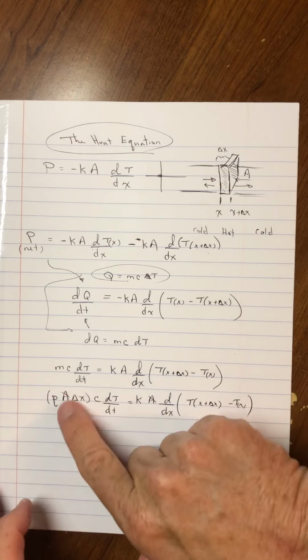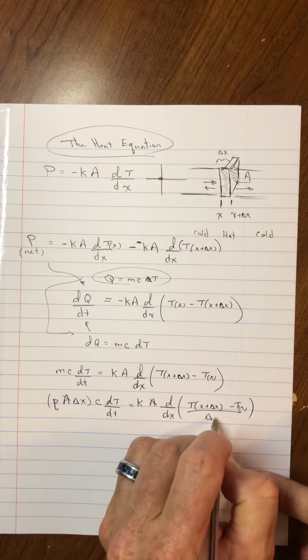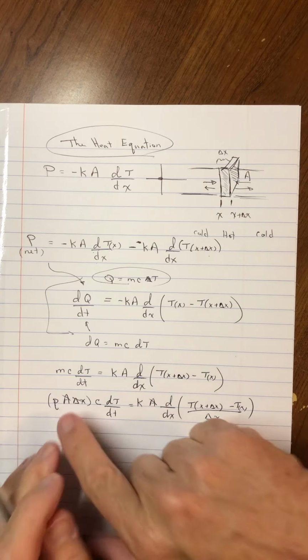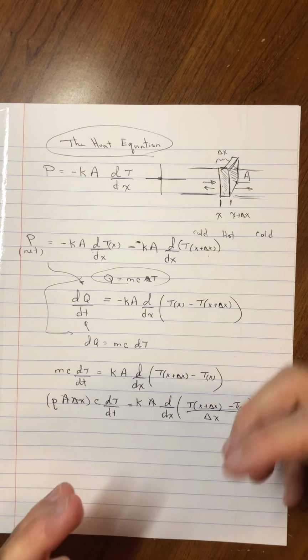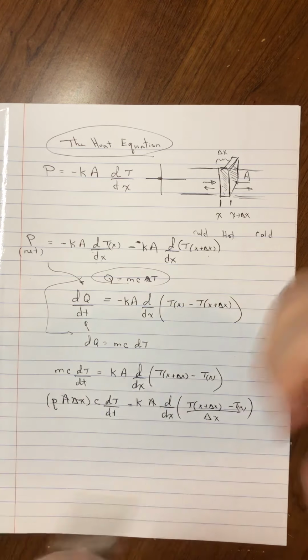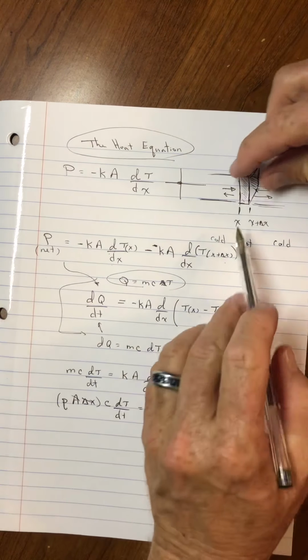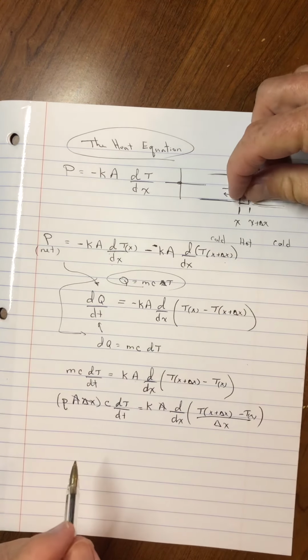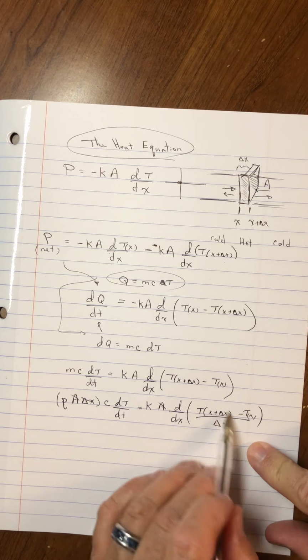And the important part of this step is to move the delta x over to this side of the equation. Because then as we start dealing with our calculus and we say, okay, let's take this as this thing gets thinner and thinner and thinner, the limit as delta x goes to 0, that right there is a derivative.